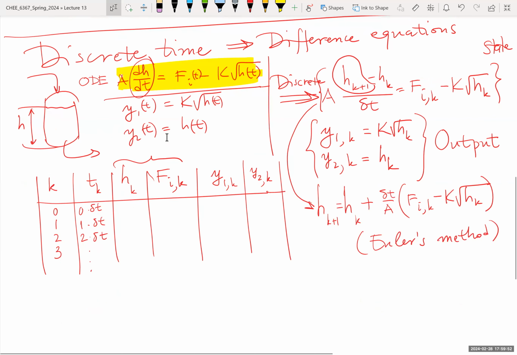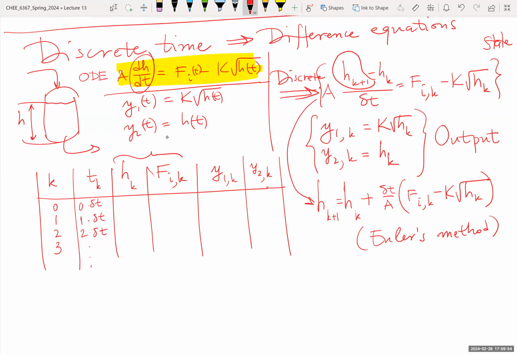So let's say that Fi jumps from 2 cubic meters per minute to 4 cubic meters per minute.